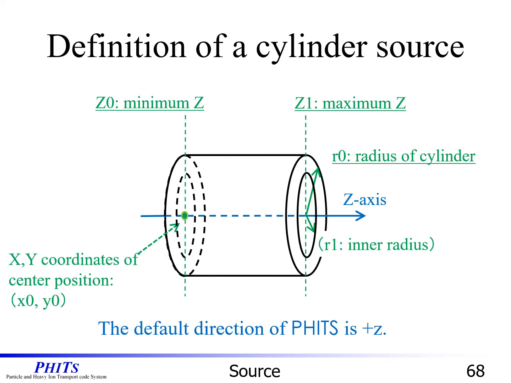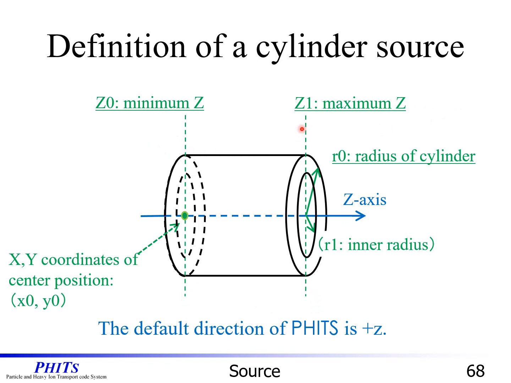This slide shows several parameters to define a cylinder source. First, the default direction of PHITS is +z, so the central axis of the cylinder is the z-axis. R0 is the radius of the cylinder. Z0 and Z1 are, respectively, minimum and maximum of z coordinates.